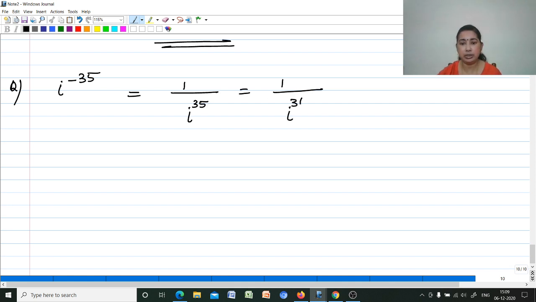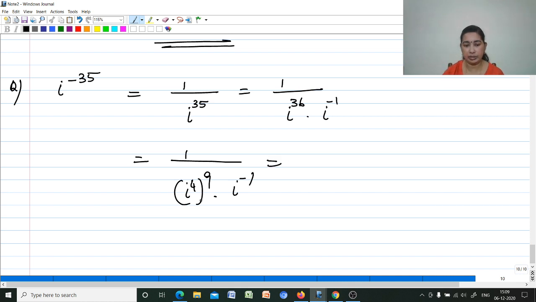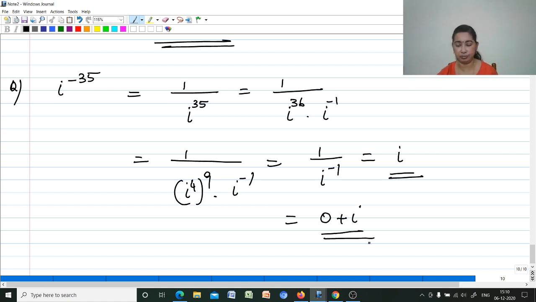It is i raised to 36 into i raised to minus 1, because 36 is a multiple of 4. Or this can be written as 1 by i raised to 4 raised to 9 into i raised to minus 1. I raised to 4 is 1, raised to 9 is also 1, and the remaining is 1 by i raised to minus 1, and i raised to minus 1 is the same as i raised to 1, which is i. In order to write it in complex number form, it is 0 plus i. That's in the complex number form.